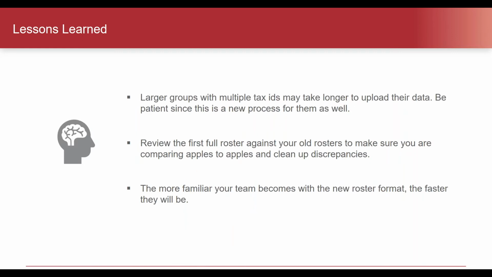So finally, some of the lessons learned: patience. We must have patience. That's something that I personally struggle with day to day, but patience not only with the groups themselves, but also with your team.